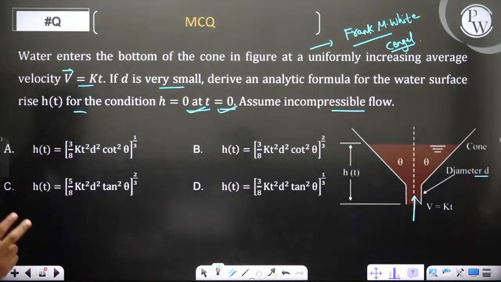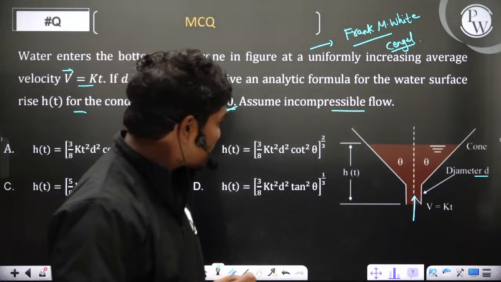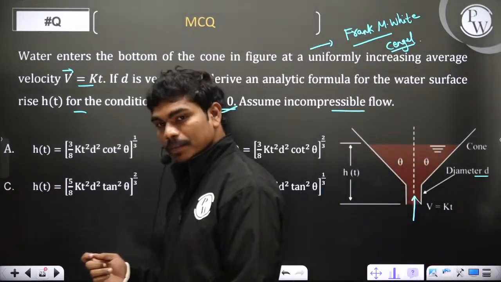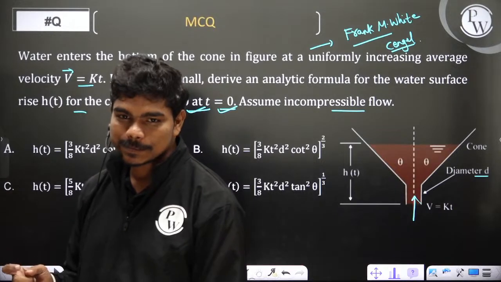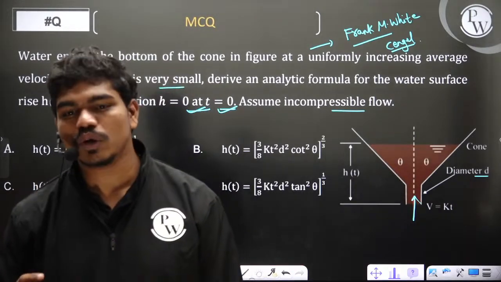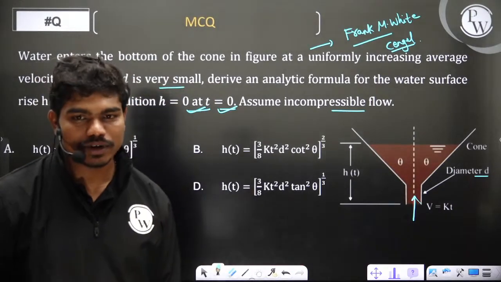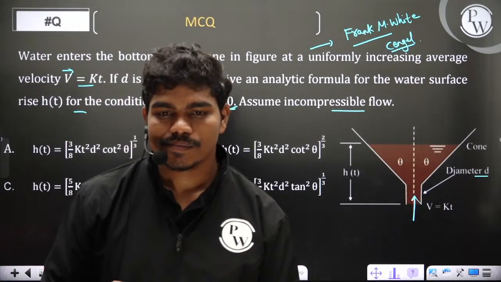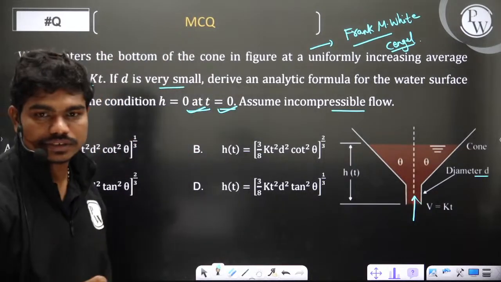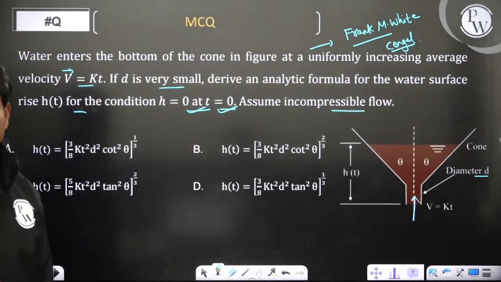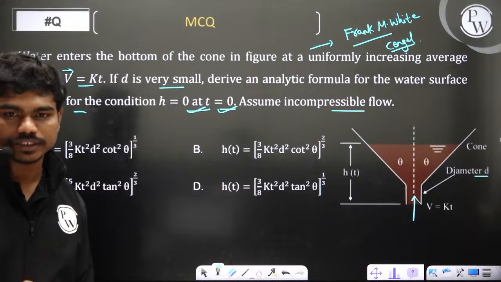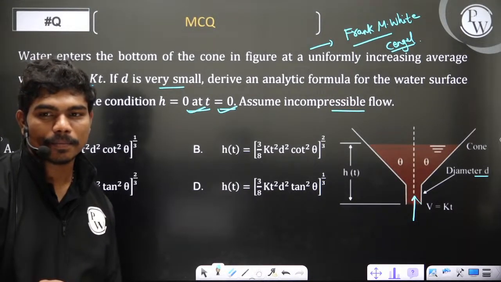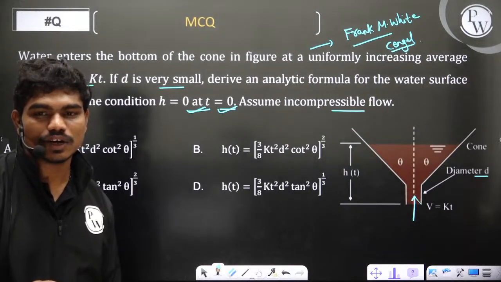Can anyone tell me what are the two options that I can eliminate? You can eliminate two options. Can anyone tell me the logic?